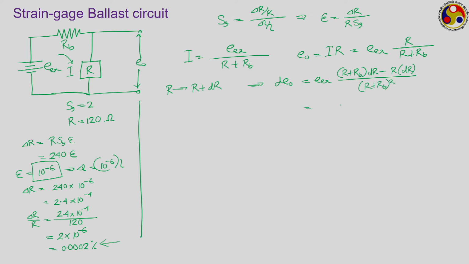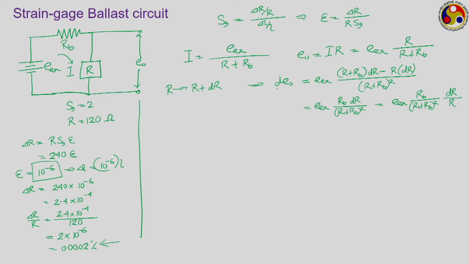In the numerator, R dr cancels out. So, we have EEX into RB dr by R plus RB whole square, or we can also write this as EEX into RB by R plus RB whole square into dr upon R.